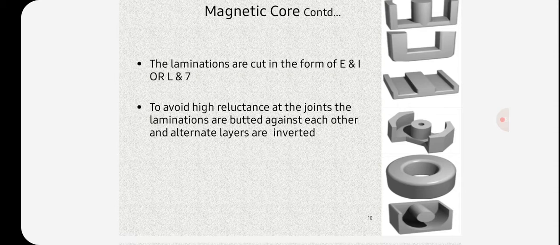The cross section of the core of a small transformer is rectangular, but large size transformer cores are approximately circular in section.